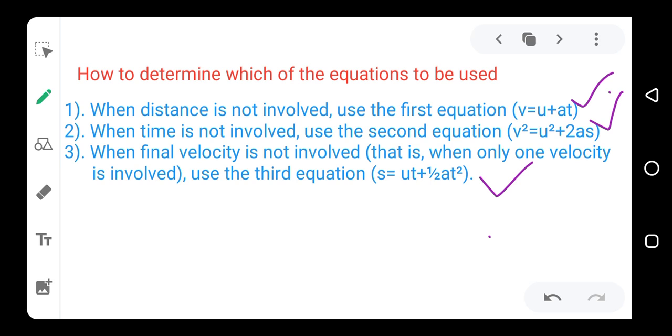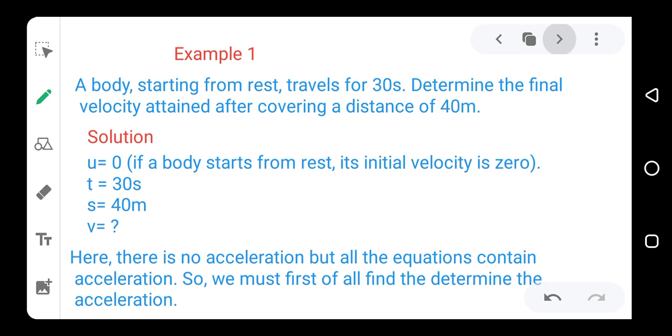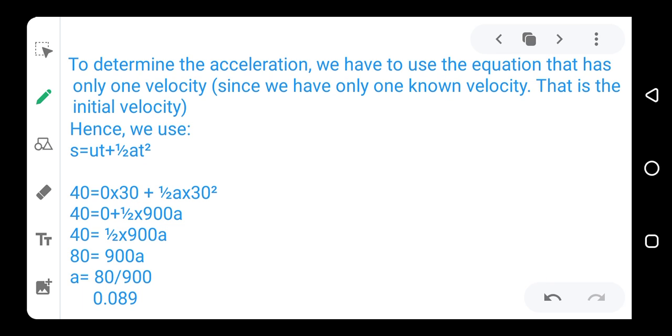We already know our u, which is initial velocity. We know our s, distance. We know our time. So we can now look for the acceleration. So we use s equal to ut plus half at squared.